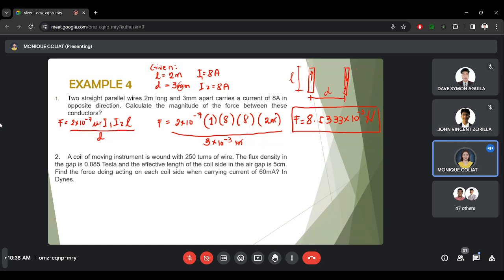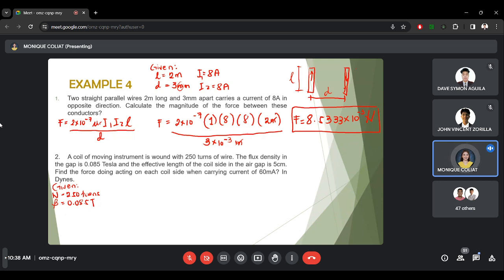So, let us put all the given. We have N, which is 250 turns. Flux density is 0.085 Tesla.